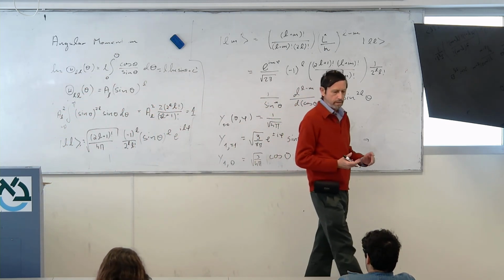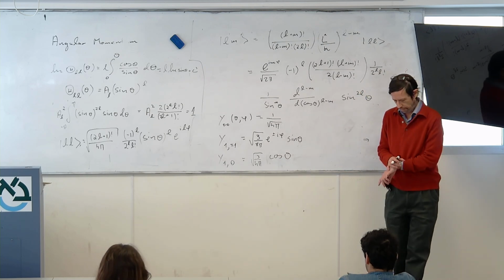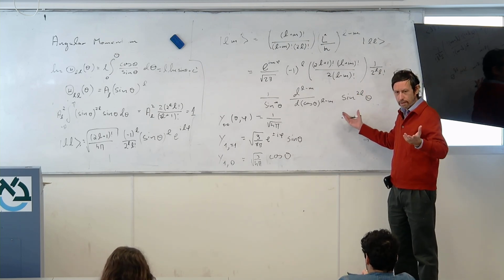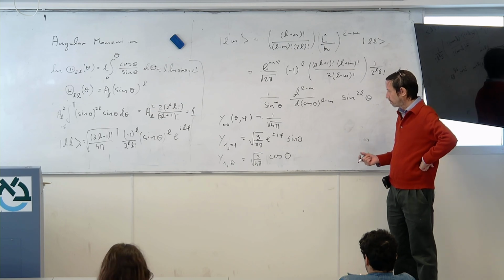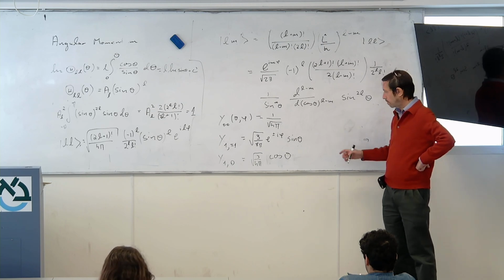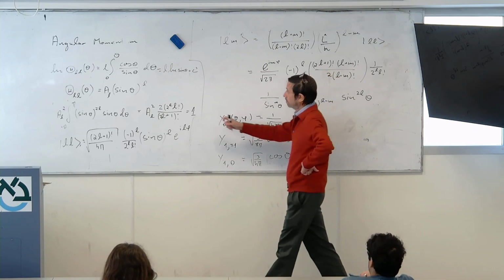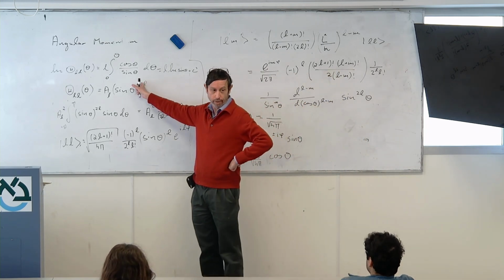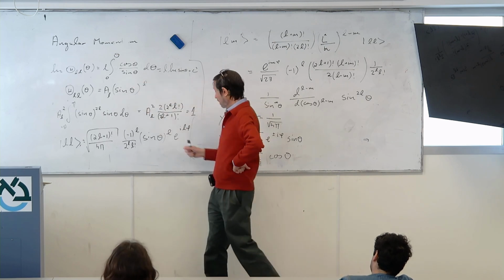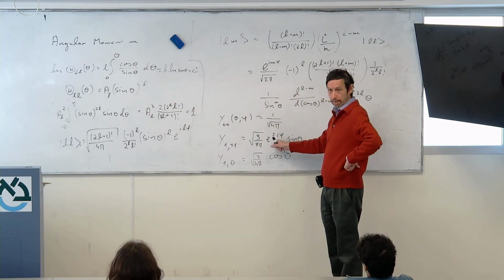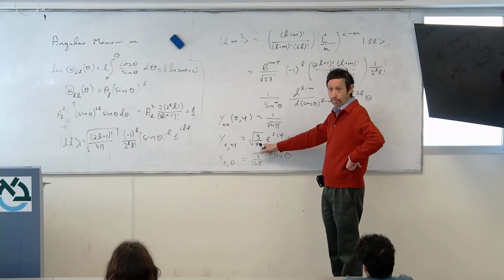Now, again, it comes out immediately from the definitions. Sine theta to the power L equals 1. Here M is either plus or minus 1, so it's plus or minus i phi, and that's normalization.